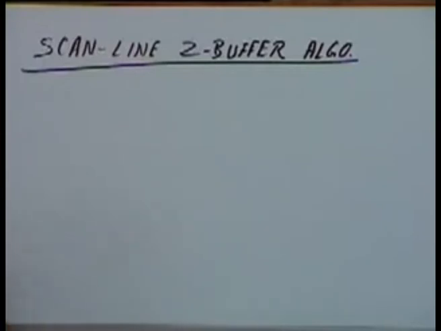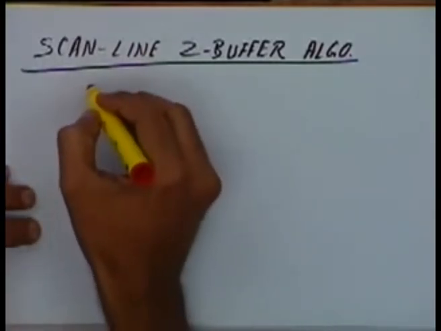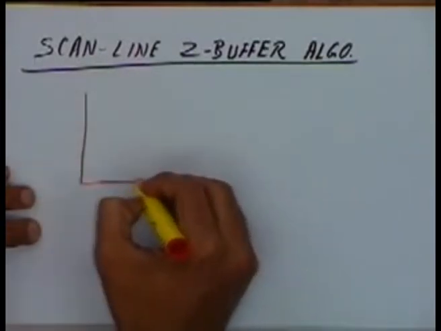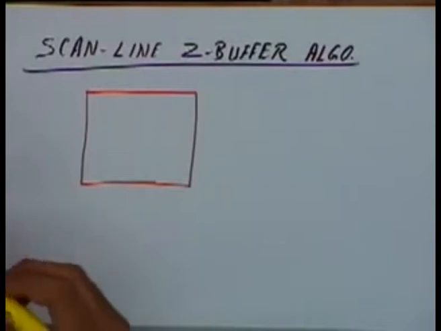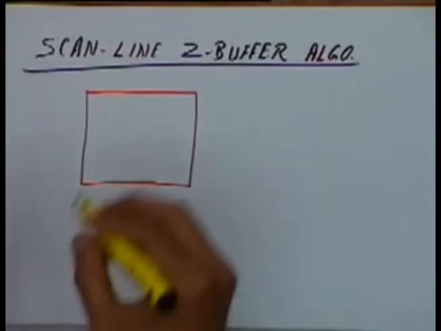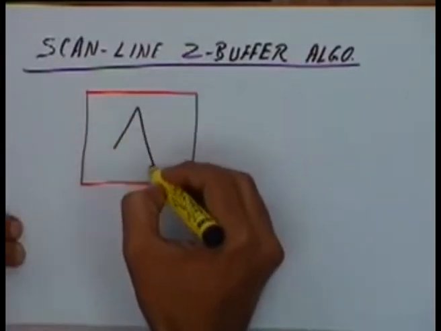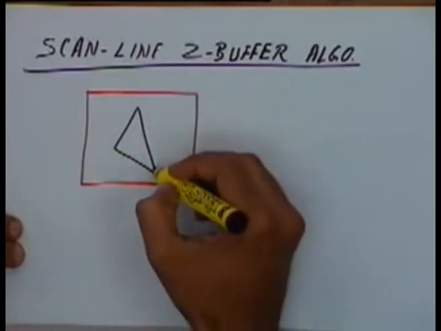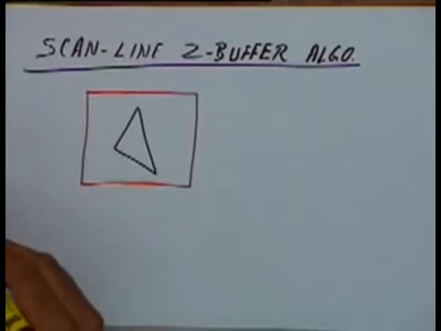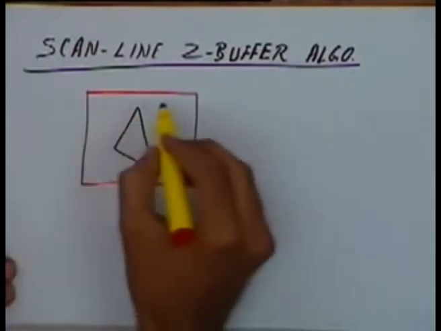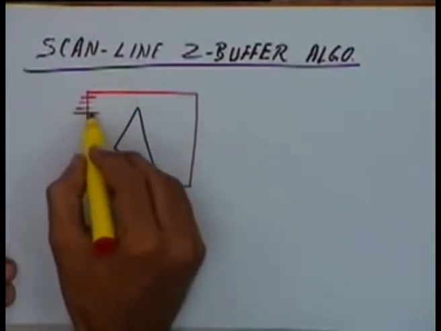See, if you notice in the Z buffer algorithm, this is the screen, and if I have a polygon like this, I am going to scan convert this polygon, and scan conversion involves scanning it row by row.